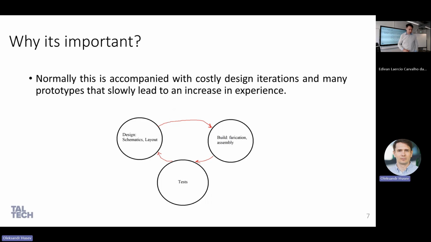And why it's important when talking about iterations? Think about how much time you usually spend to achieve proper performance of your PCB, despite everything working perfectly in simulation. You design schematics, layout, build, fabrication, assembly, test. But you have a problem and need to do it again.